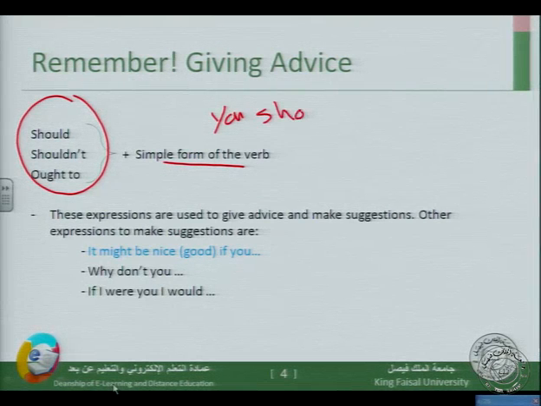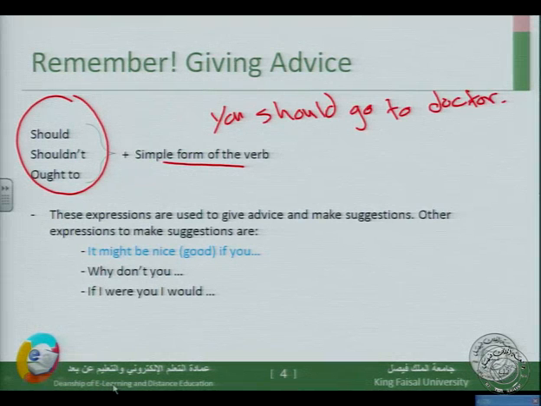You should say, you should go to the doctor. Or you ought to go to the doctor. Should, shouldn't (the negative form of should), and ought to are used to give advice.